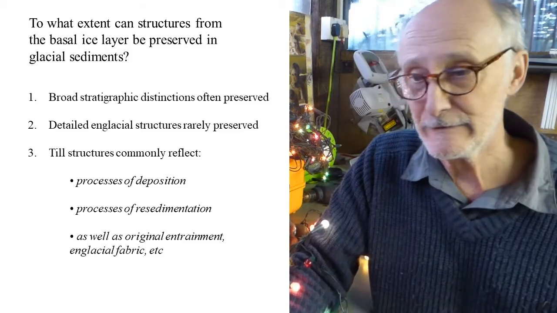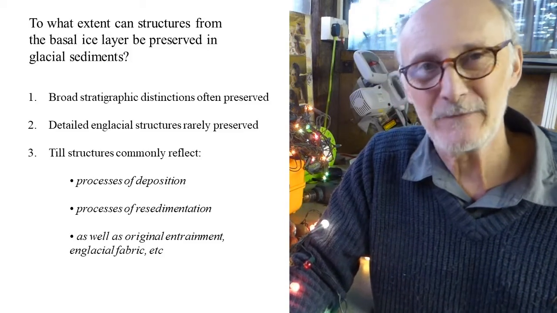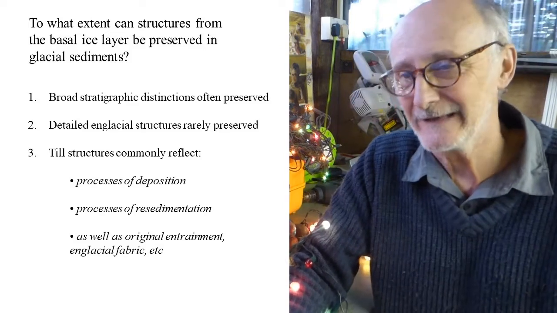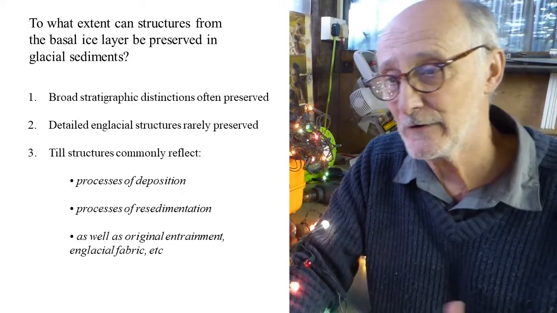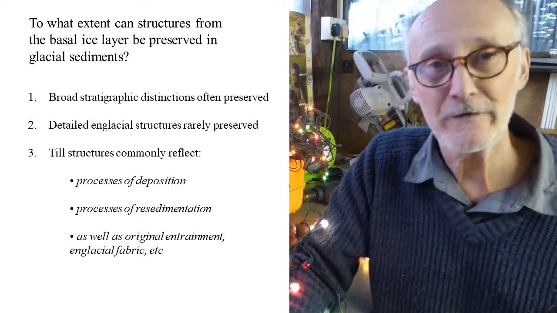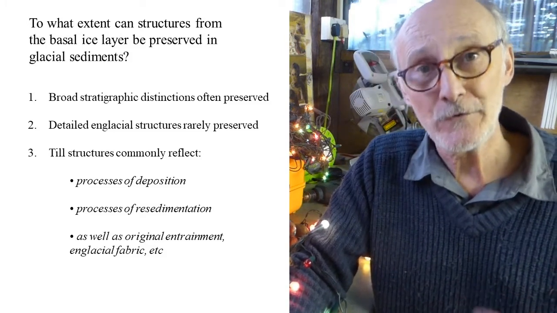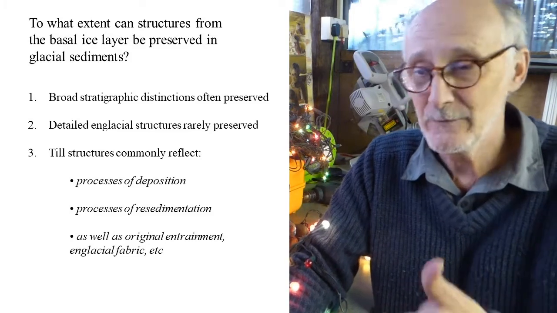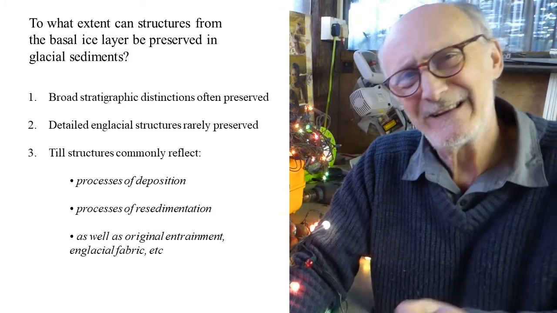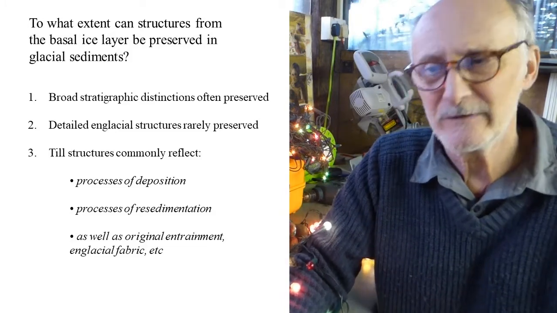Till structures don't just reflect the process of deposition. With glacial till, it's a deposit, but there's more to it than that. Yes, till structures do reflect processes of deposition, but they also commonly reflect processes of re-sedimentation. Till debris can be remobilized, transported and redeposited, retaining some of its original signature, but not all of it.